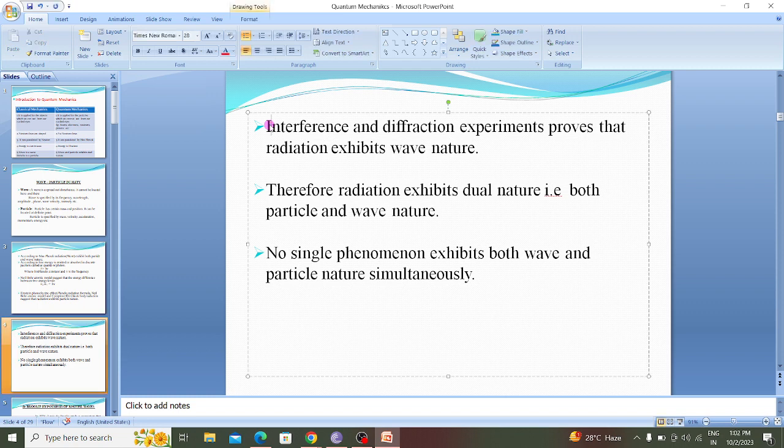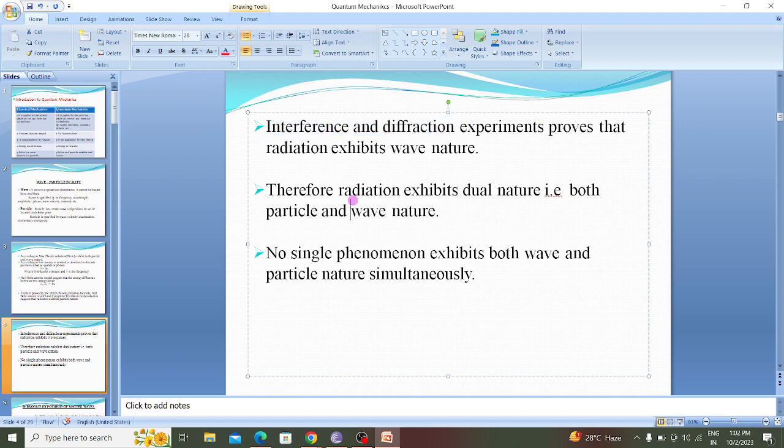Interference and diffraction are the experiments which prove the wave nature of a wave. Not only for a wave, these are the experiments which can prove wave nature for anything.